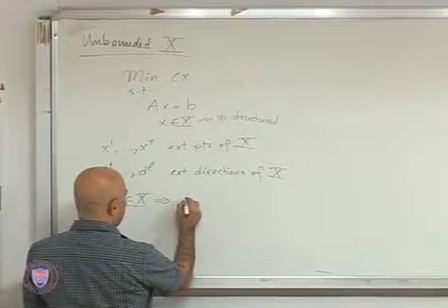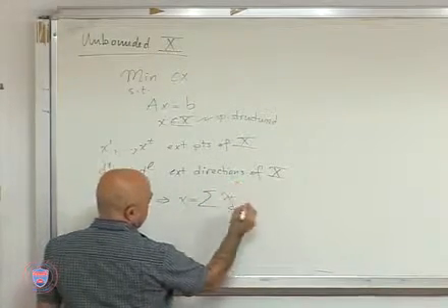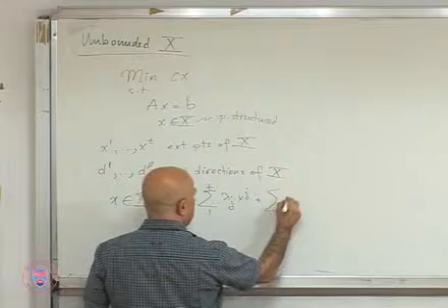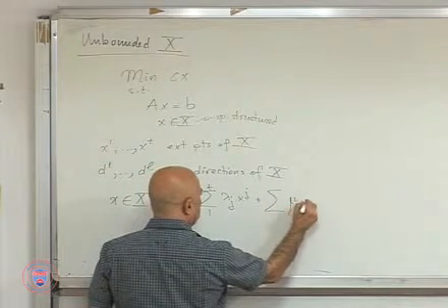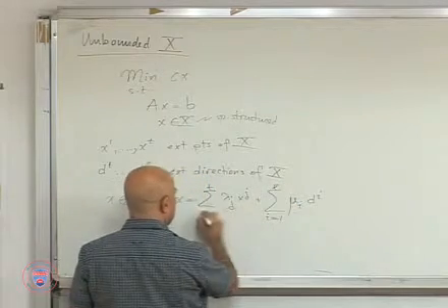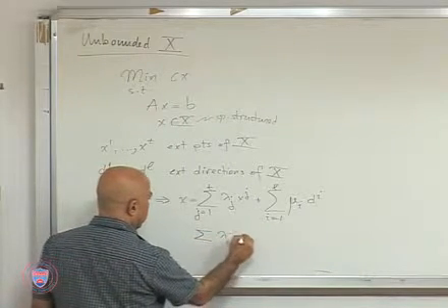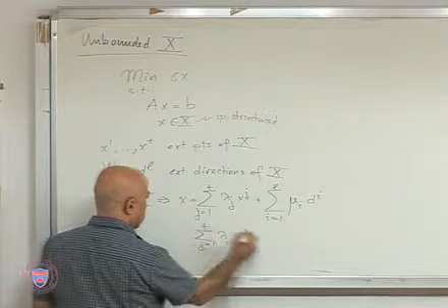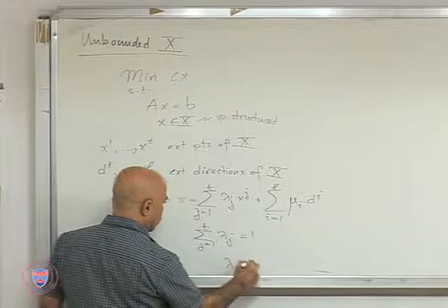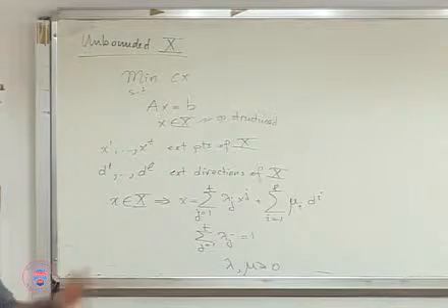So we are going to have x equals the sum of lambda j xj, j going from 1 to t, plus the sum of mu i di, i going from 1 to L, with the additional requirement lambda j's adding up to 1, and lambdas and mu's are all non-negative. There's no additional requirement on mu other than non-negativity.